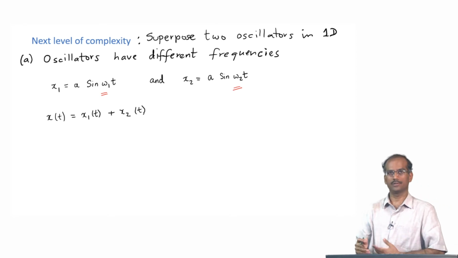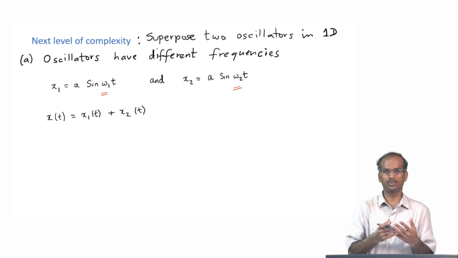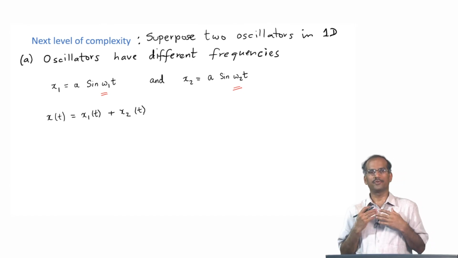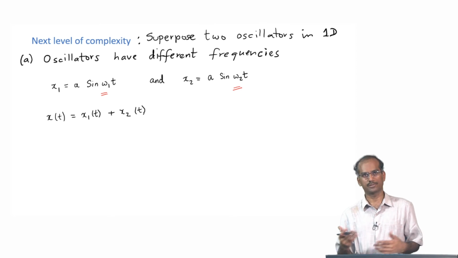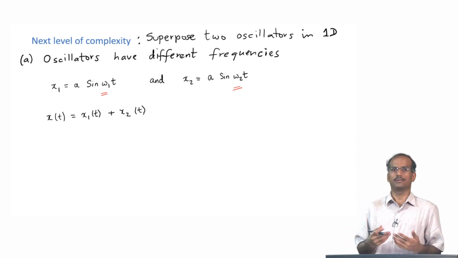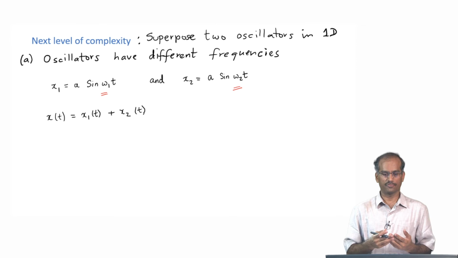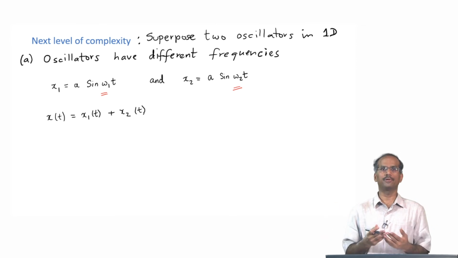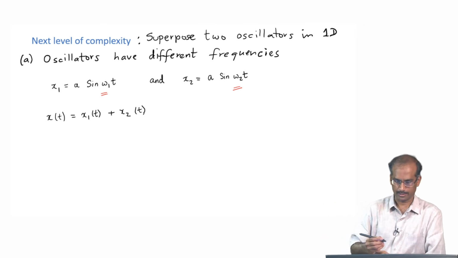In fact, it is not restricted to just two oscillating systems. This way I could add any number of oscillating systems, and the solution of the sum of all of them would also be an oscillating solution.